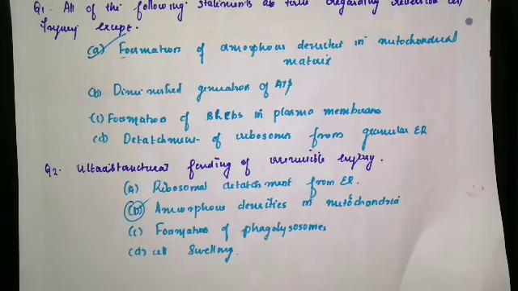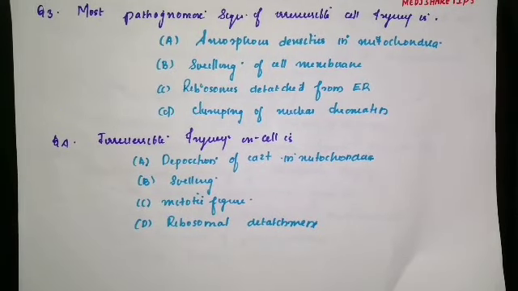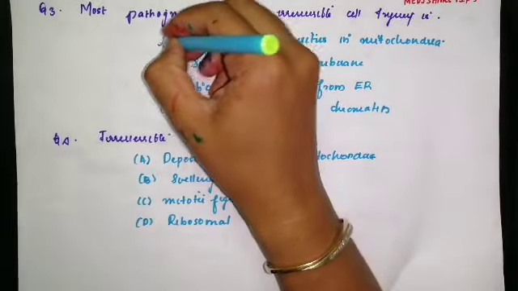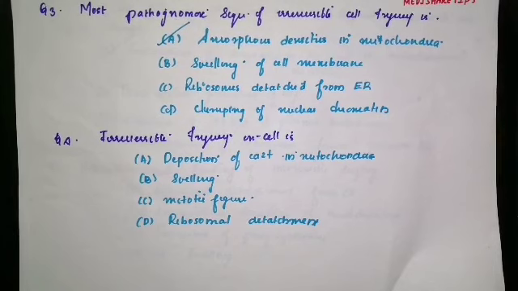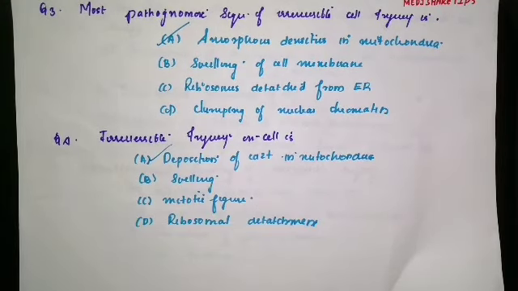Question number 3 is, most pathognomonic sign of irreversible cell injury. That is option A, amorphous densities in mitochondria. So option A is the correct answer. Question number 4, irreversible injury in cell is, first one, deposition of calcium in mitochondria. So that is definitely the same.